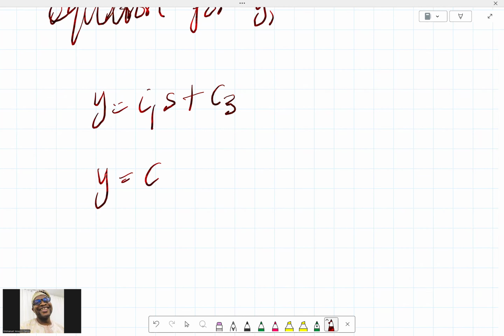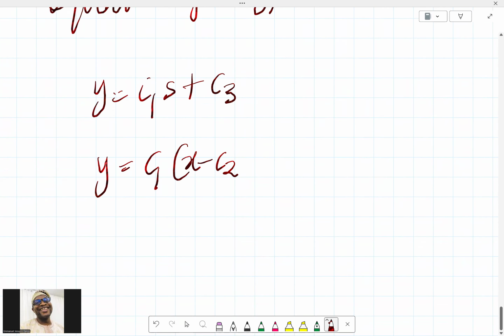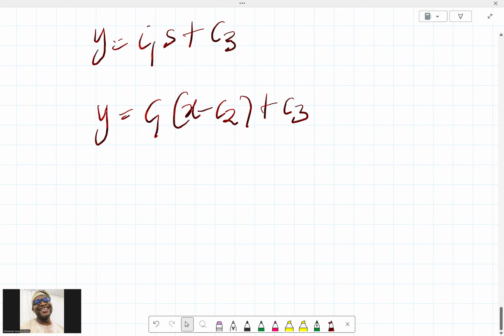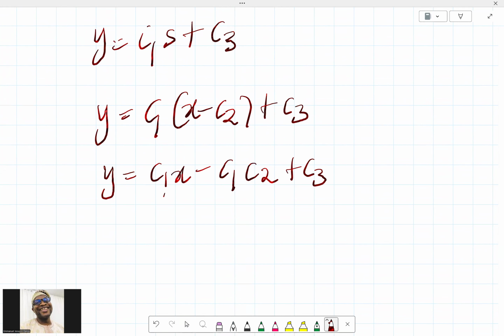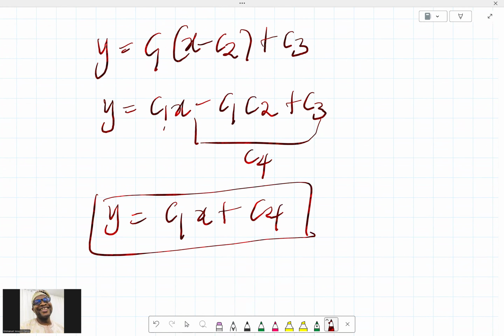Now s is equal to x minus c2, so this is c1 times x minus c2, plus c3. If we rearrange that, we have y equals c1x minus c1c2 plus c3. We can put all this together into a new constant c4. So we now have y equals c1x plus c4. So that's what y is.